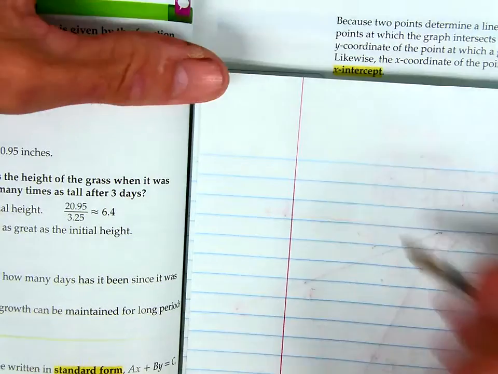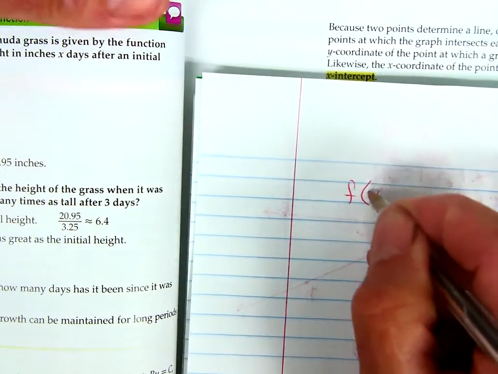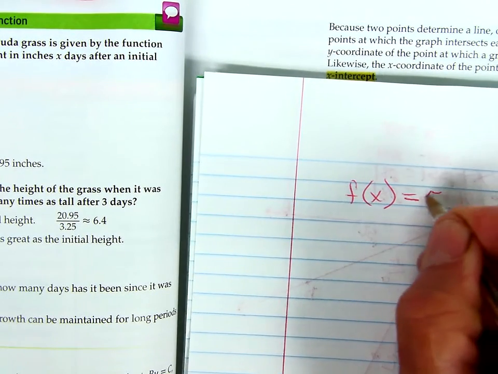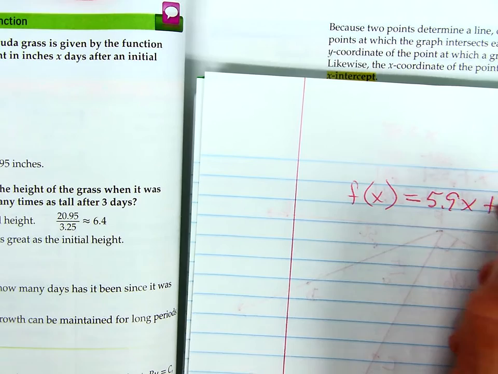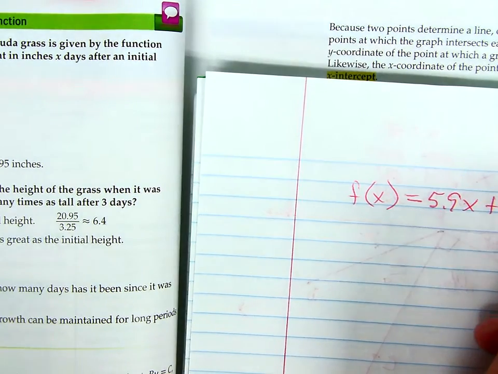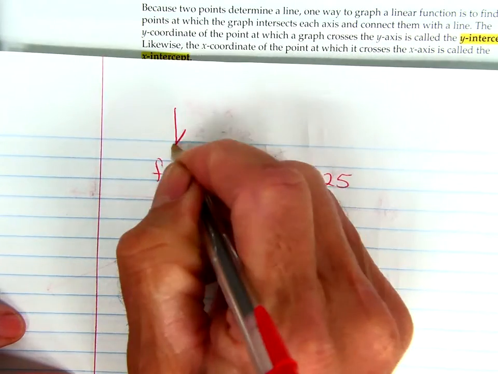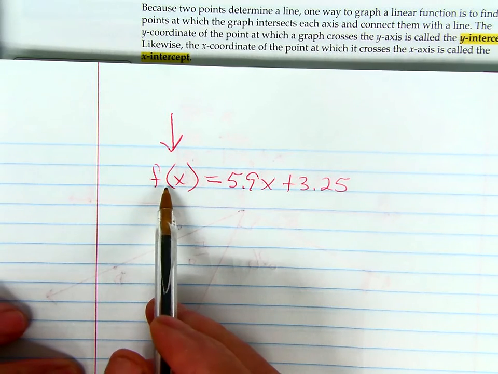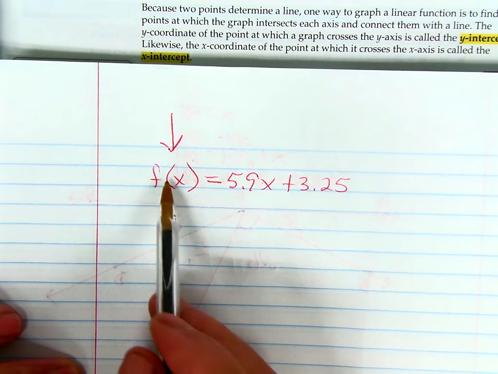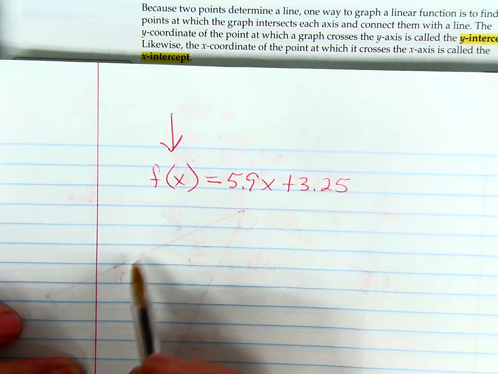So here's our function. F of x equals 5.9x plus 3.25. This right here is no more than y. You can take the f of x out and just put the letter y there.